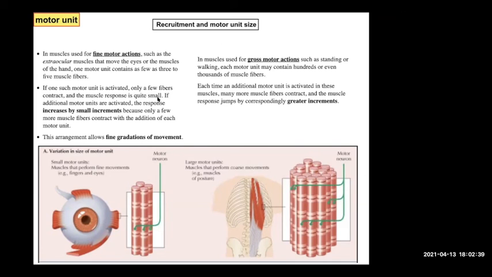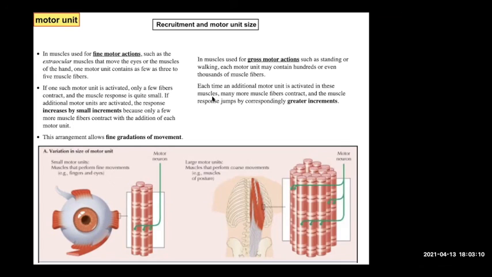This is the motor unit size. With smaller ones, every single one that generates is only going to be a little bit of a response. Then they're going to be going fast, so you can get a very fine sort of movement out of that. Whereas with the big motor units, if we want gross motor action, as well as postural muscles, as we'll see, we have a large motor unit, one motor unit controlling maybe many thousands of fibers.